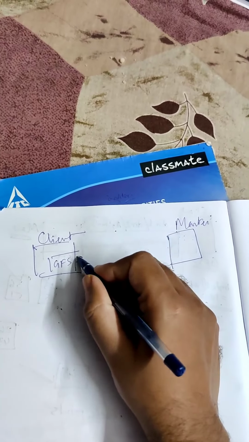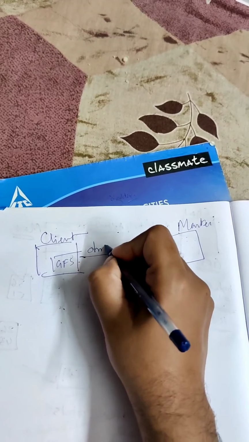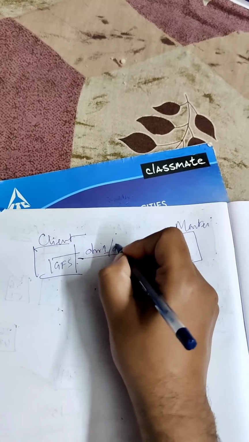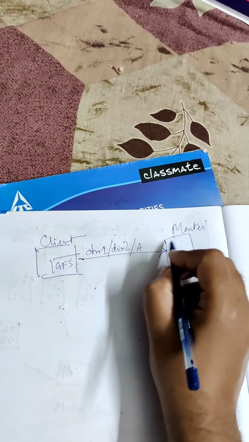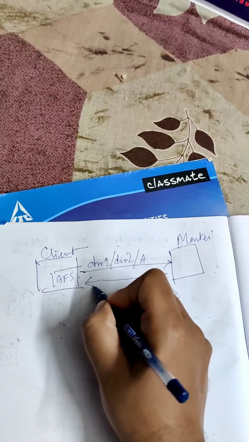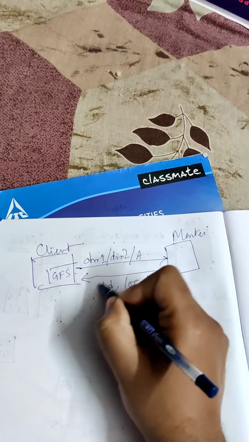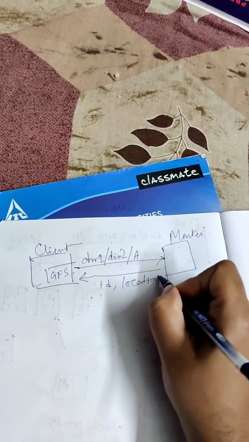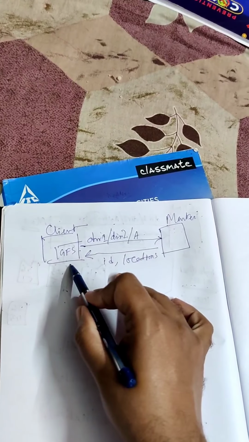The request goes like directory 1 / directory 2 / a, and here we want to write something. The master will return the chunk ID and the location. This ID is the chunk ID, and the locations are the corresponding chunk server IDs it returns to the client.